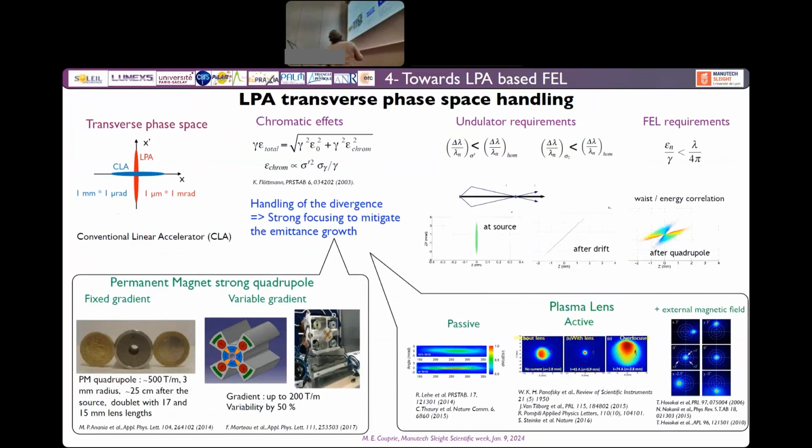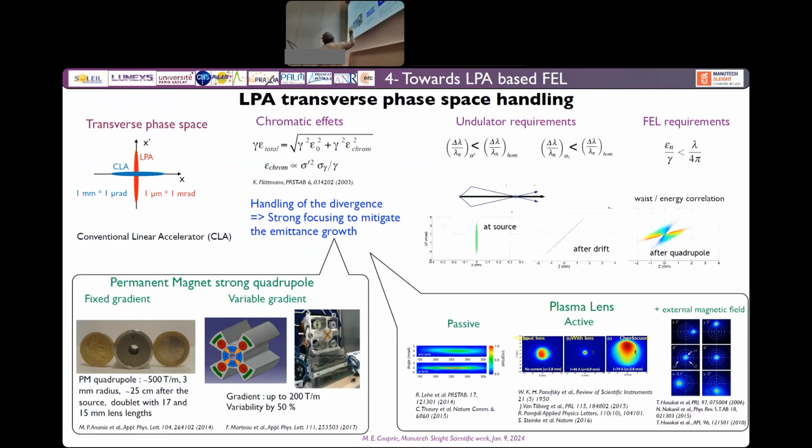And in accelerators, we could have chromatic effects, giving an emittance growth which scales as the square of the divergence and linearly with the energy spread. So on a conventional accelerator, we do not suffer so much from chromatic effects because energy spread is low and divergence is low. But on an LPA, if we don't do anything, just by letting the electron beam go in free space, we will have an emittance blow up thanks to this chromatic effect.